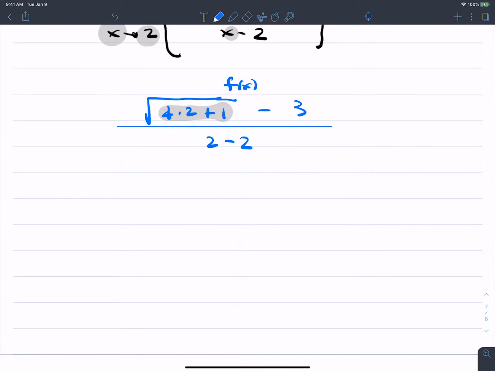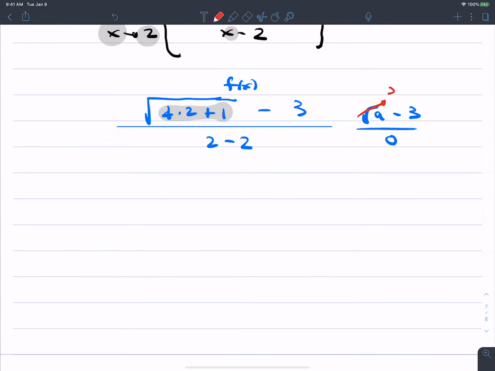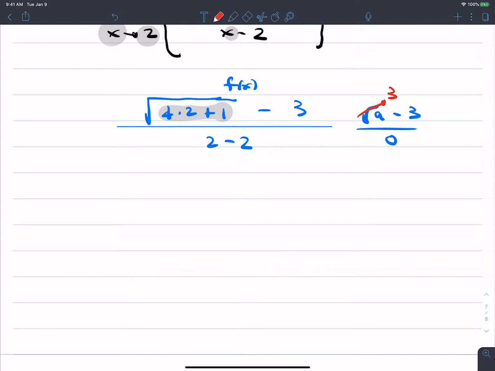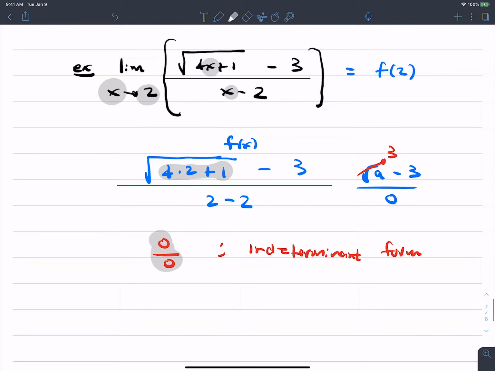So you got the square root of 9 minus 3 over 0. And remember, the square root of 9 is a nice 3. So you got 3 minus 3 over 0, and you end up with 0 over 0, which is an indeterminate form.